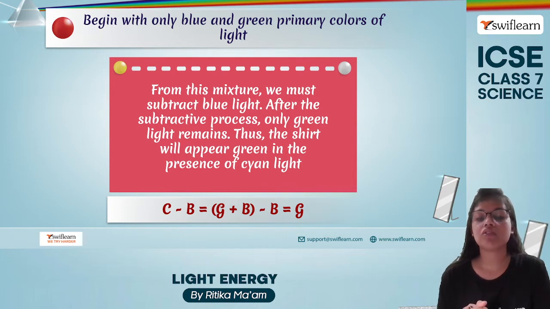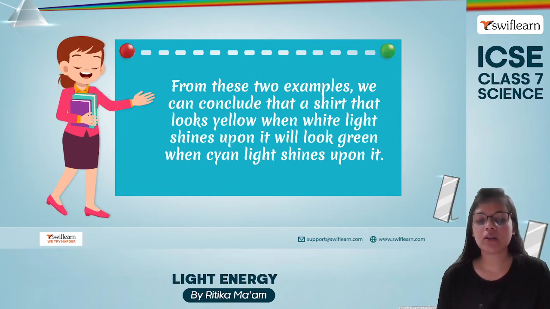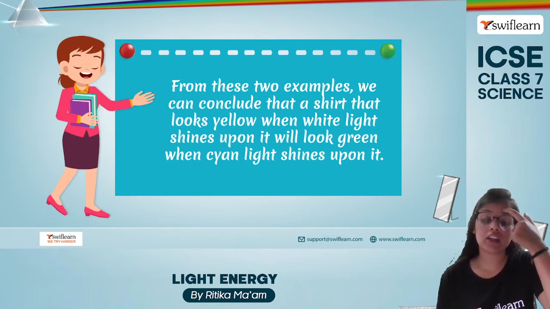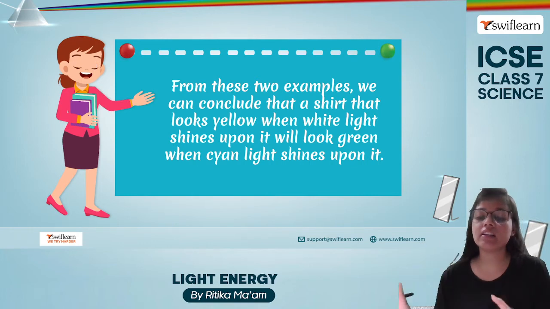So the shirt will appear green in the presence of cyan light. From these examples, we can see that the shirt looks yellow when white light is shining upon it, and it will look green when cyan light is shining upon it. So it depends on which light is shining and which colors it is reflecting.